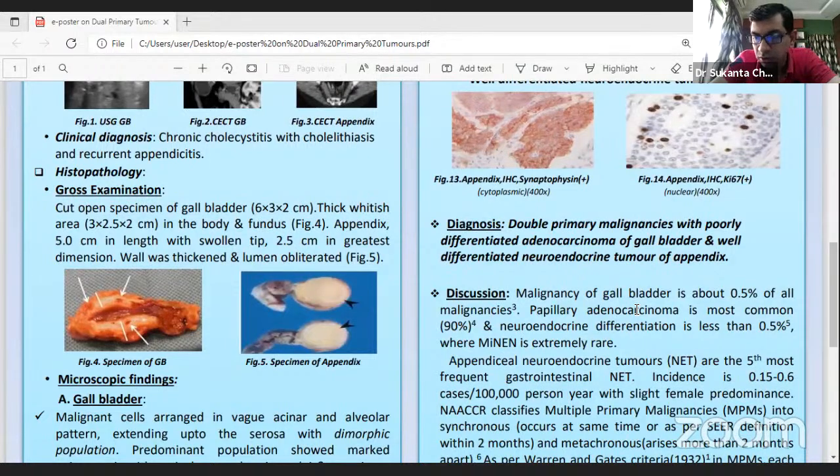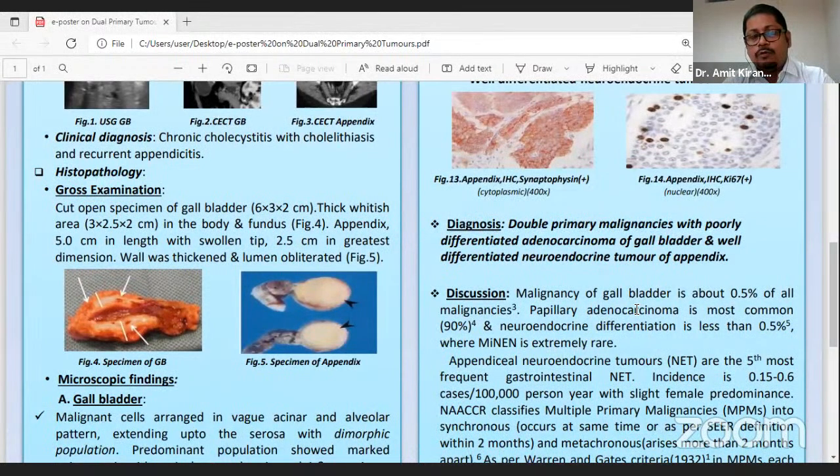First of all, why not mixed neuroendocrine adenocarcinoma of gallbladder per se? Why is it not a mixed neuroendocrine and adeno of GB?